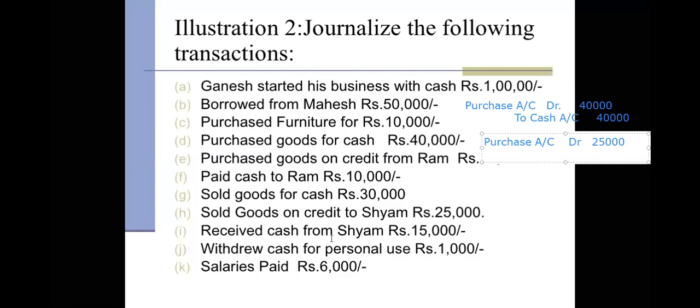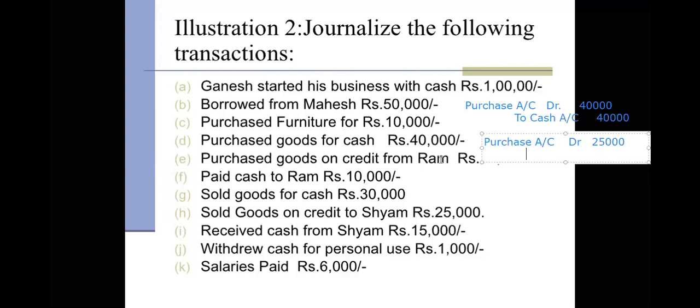Cash is not going out, because in this transaction clearly it is mentioned that you have purchased something on credit from Ram. So cash is not going out, but some person is supposed to take amount from you because he has given you something. So Ram is the person to whom you are supposed to pay because he gave you goods.